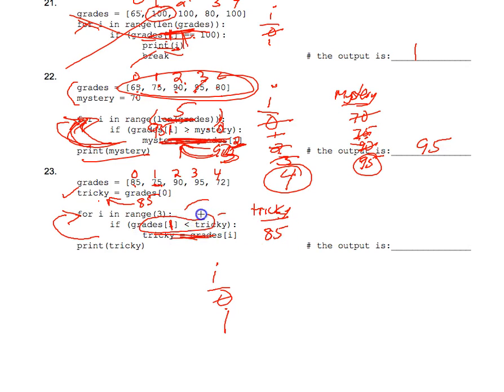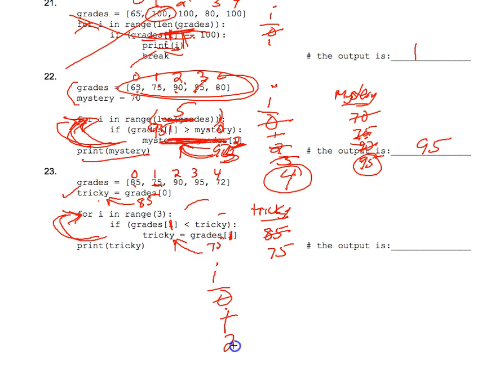So because all this is true, we do execute the code right here that's indented inside the body of the if statement. Grades I is currently 1. Grades I, that's the 75, plugs into tricky. Oh, okay, that's interesting. We go back up to the top of the for loop.